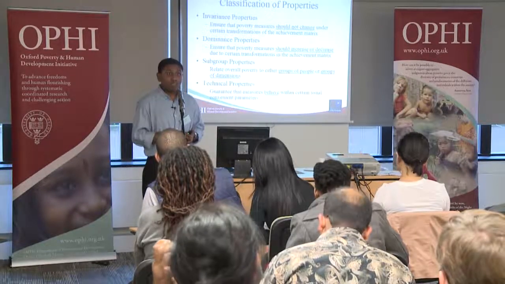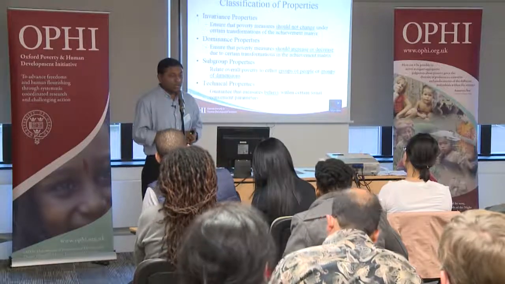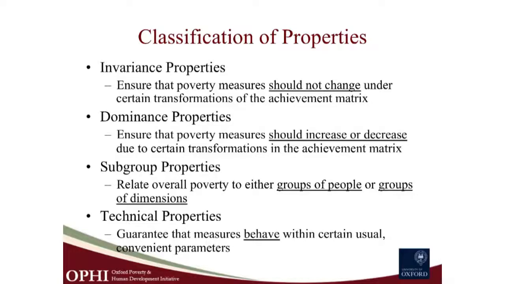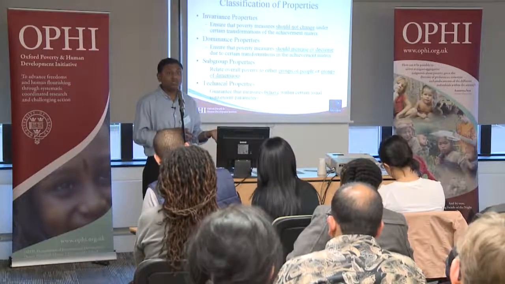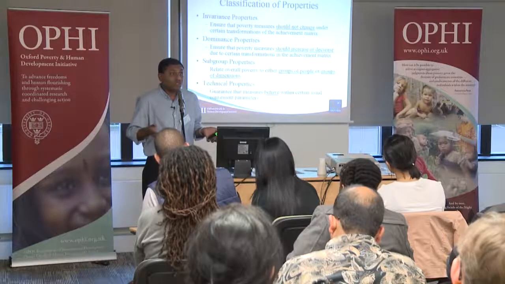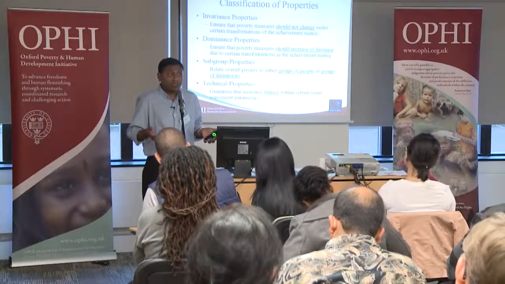Should your overall poverty change? If it changes, you have to be careful. Dominance properties ensure that poverty measures should increase or decrease due to a certain transformation in the achievement matrix. Everybody else's income remains unchanged. If a poor person's income increases, overall poverty should fall. If the poverty increases, then there is something wrong.